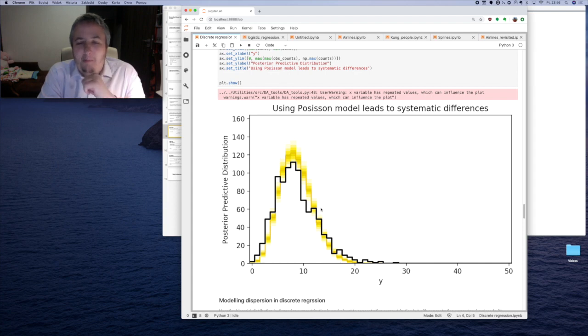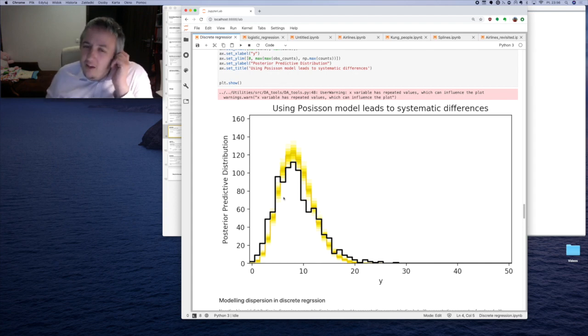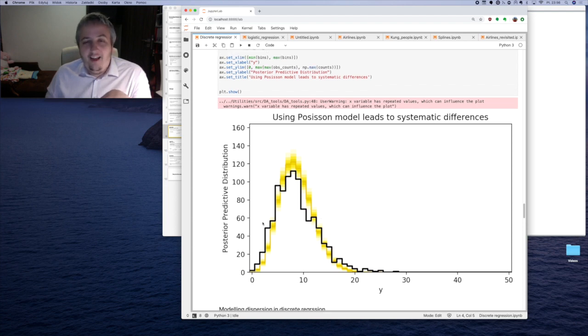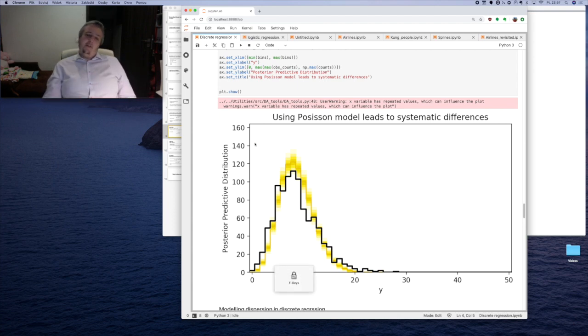The problems are systematic changes. And as you can see, the top of the histogram of our distribution is far away from most of the quantiles of simulated histograms. We have also certain extensions in the lower values, and we have a drop at the higher numbers. So we have a systematic difference between our Poisson model and our data.